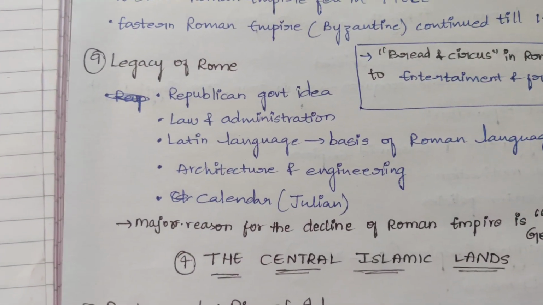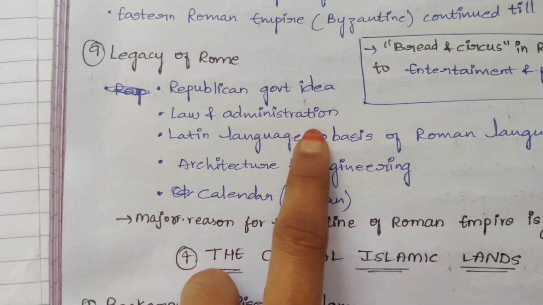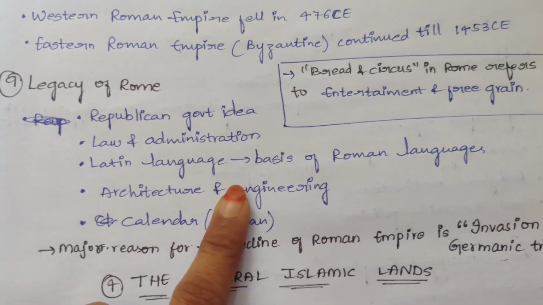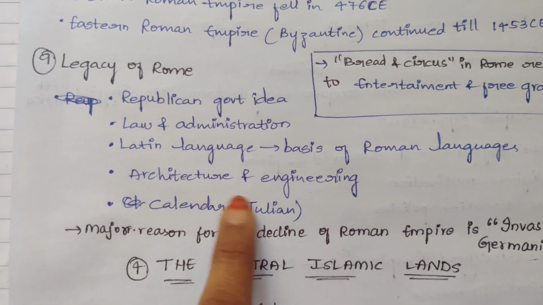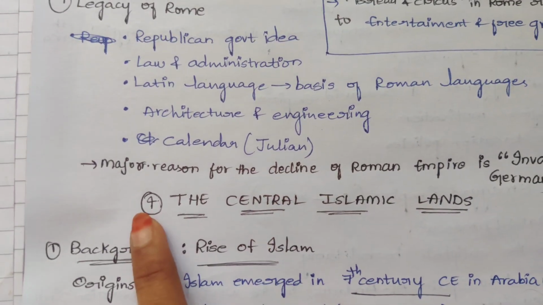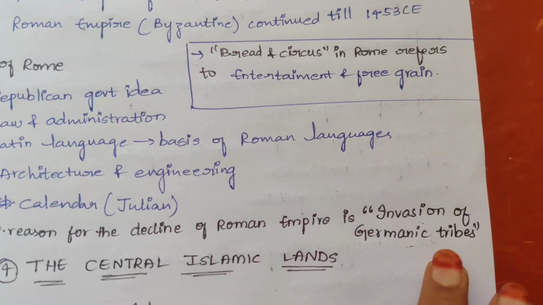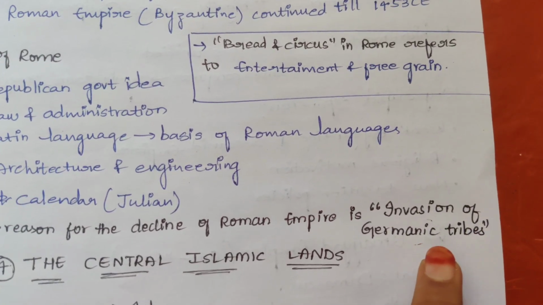Next, ninth point is legacy of Rome. Republic government idea, law and administration, Latin language, basis of Roman languages, architecture and engineering, Julian calendar. And the major reason for the decline of the Roman Empire is invasion of Germanic tribes.